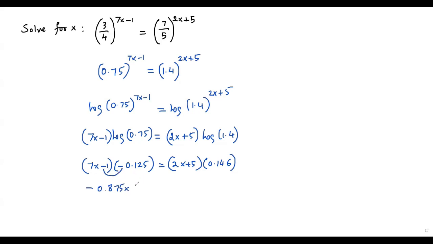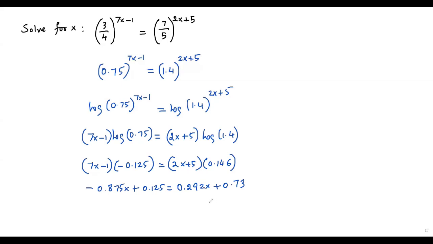Negative times negative will become positive, and 0.125 times 1 is the same thing, that is 0.125. On the right side, I have to distribute this 0.146 to 2x plus 5. When I do so, I'm getting 0.292x, and when I distribute 0.146 to this 5, I'm getting 0.73. We are trying to solve for x, but the variable x appears on both sides of the equation.